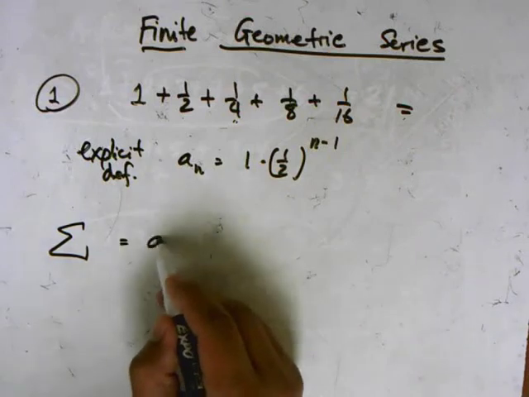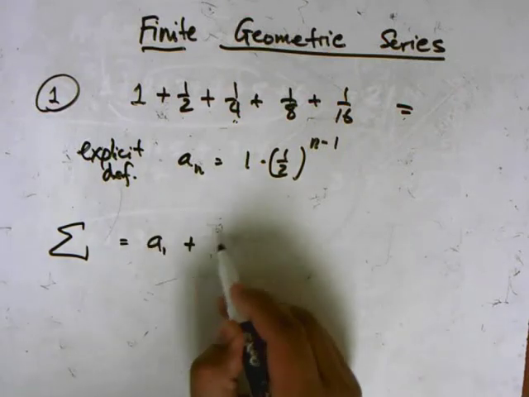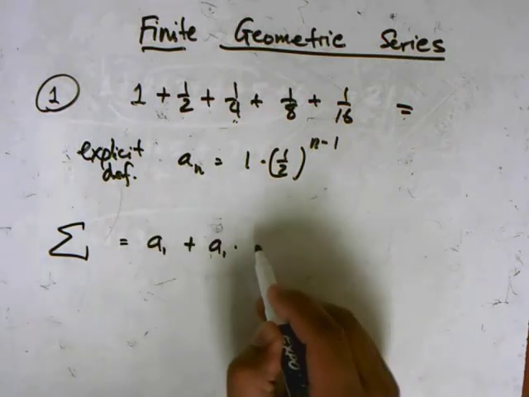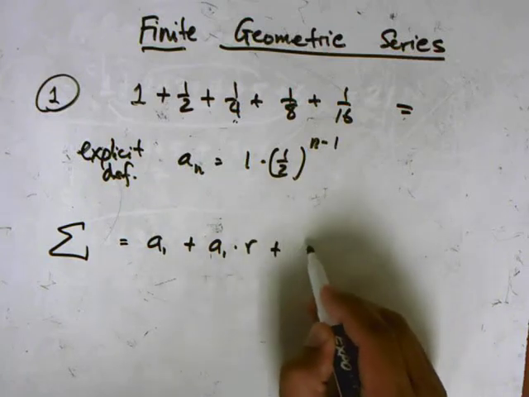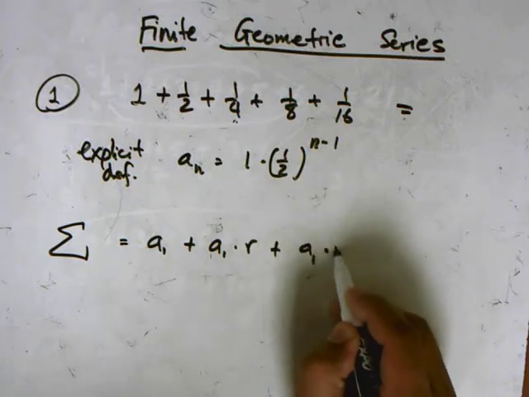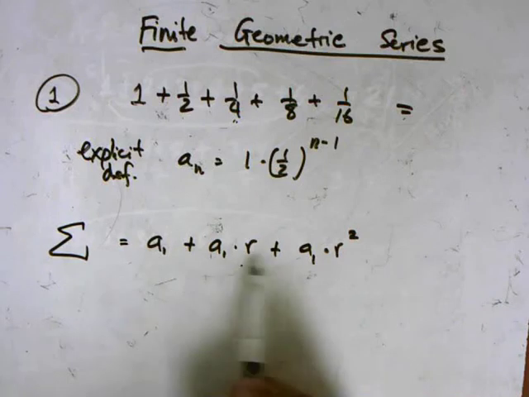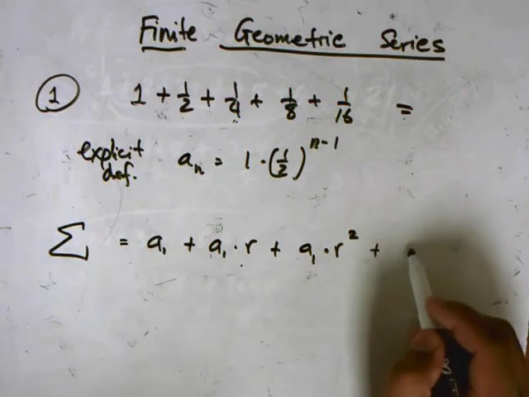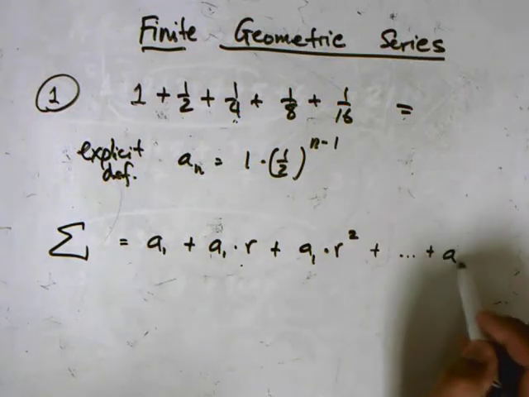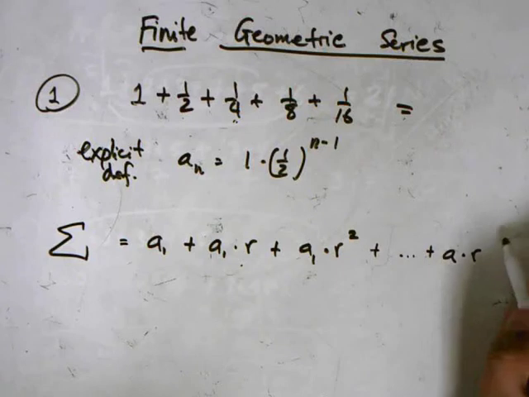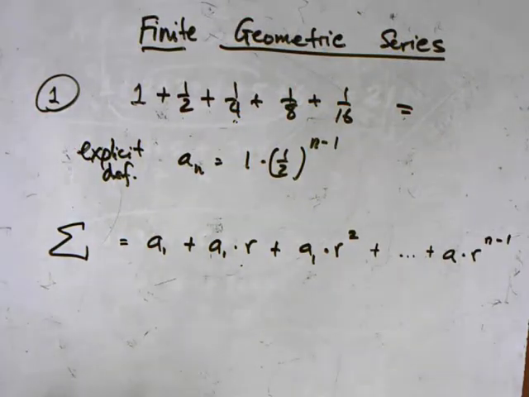This is equal to the first term plus the first term times the ratio plus the first term times the ratio squared. So this is the first term, this is the second term, this is the third term, all the way up to the last term, a times r to the n minus 1.